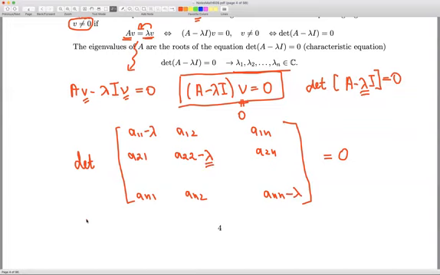And therefore this equation, also called the characteristic equation, is an equation looking for the roots of a polynomial of degree n.